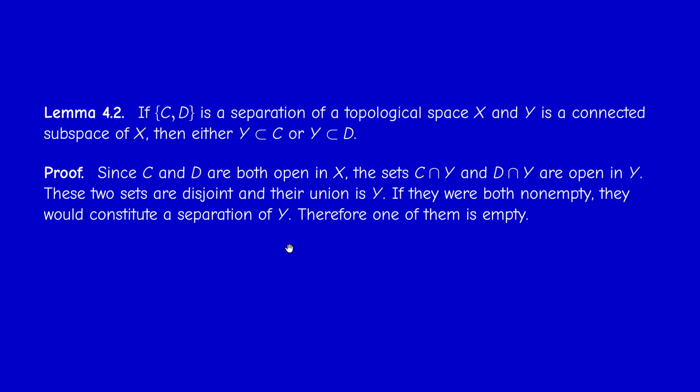So therefore, one of them is necessarily empty. So either C intersected with Y is empty, and in this case, Y is contained in D, or D intersected with Y is empty, and therefore Y is contained in C, and that's it.